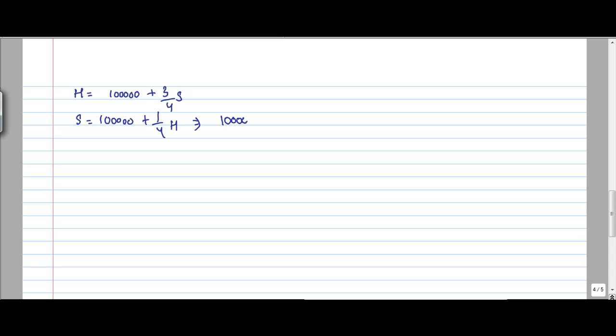S is 1 lakh plus 1 upon 4 into 1 lakh plus 3 upon 4 S. Again, same thing. 1 lakh plus 25,000 plus 3 upon 16 S. This goes to the other side.